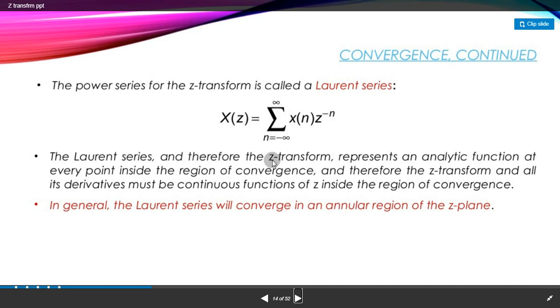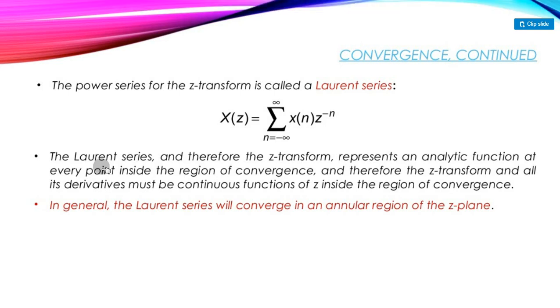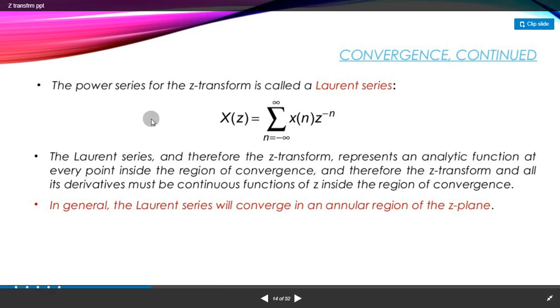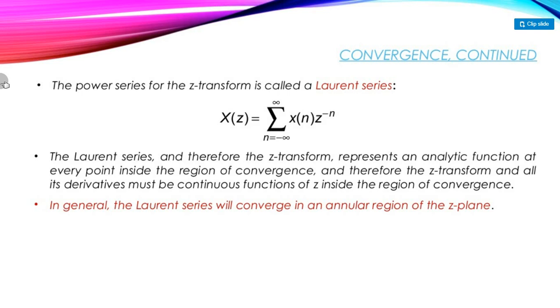The Laurent series, and therefore the Z transform, represents an analytic function at every point inside the region of convergence, and therefore the Z transform and all its derivatives must be continuous functions of z inside the region of convergence.